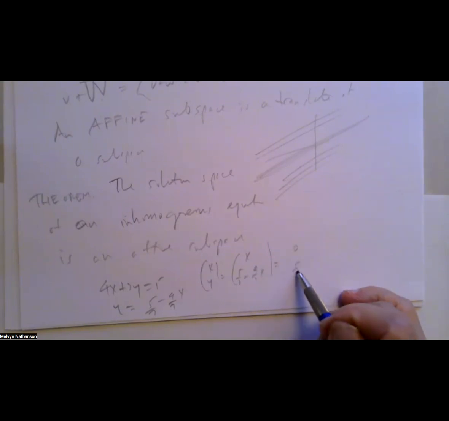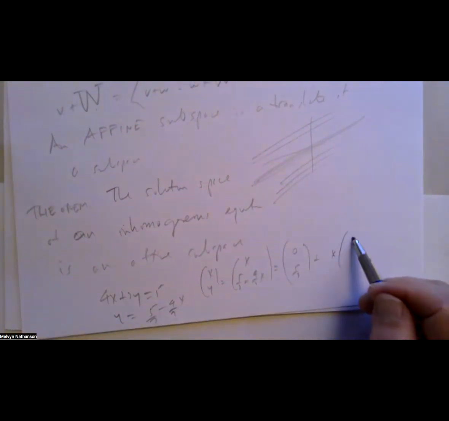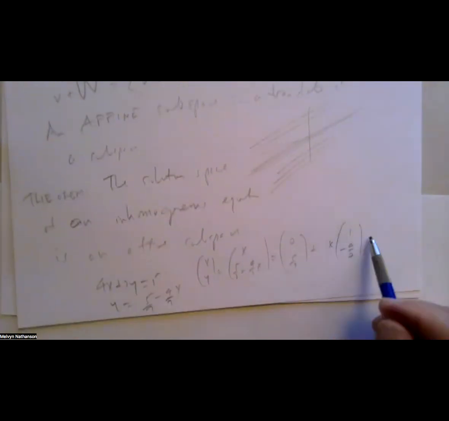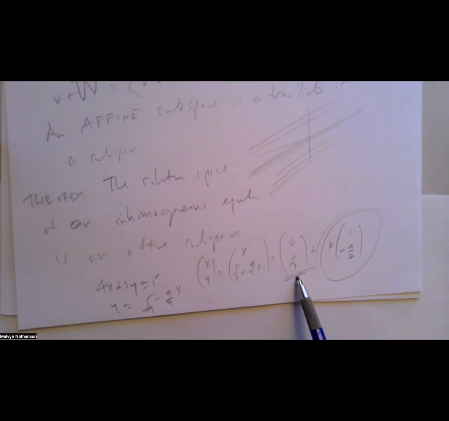That was (0, 5/7) plus x times the vector (1, minus 4/7). The set of all vectors x times this fixed vector is a vector subspace, and I'm translating it by this vector. So we get an affine subspace. The solution space of this inhomogeneous equation is this affine subspace.